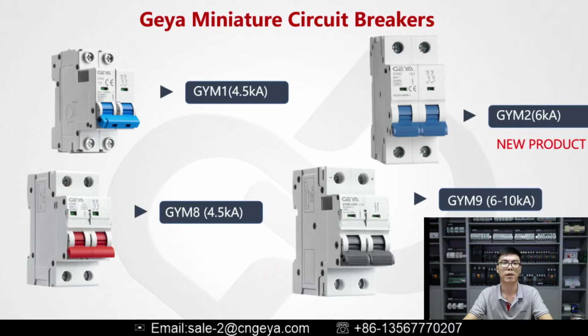And GM8 is also 4.5 kA. But this is newer than GM1. And it is also the most hot selling items for our circuit breakers. And the GM9 is in better quality. We can do it from 6 kA or 10 kA for the breaking capacity.